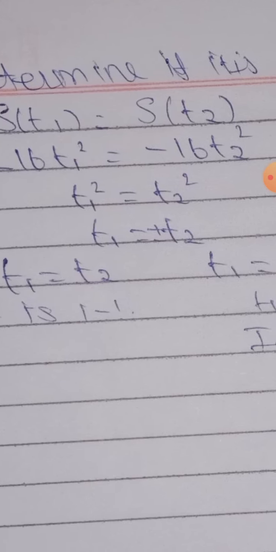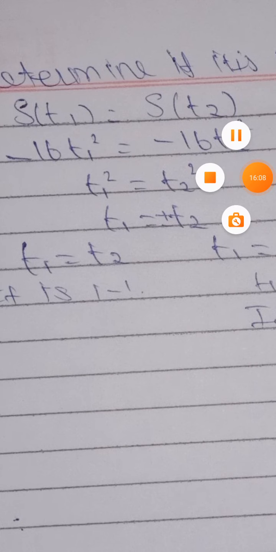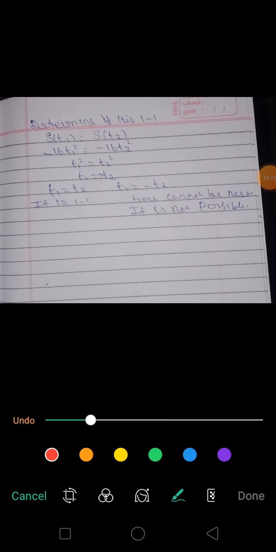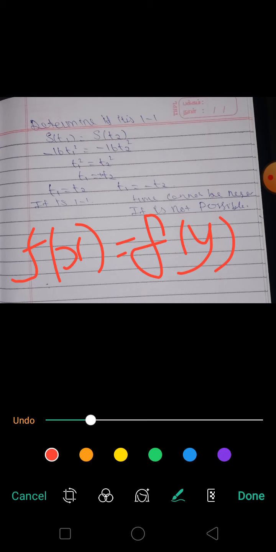Now look at that. Suppose I take f of x is equal to f of y, what is the answer? x is equal to y.